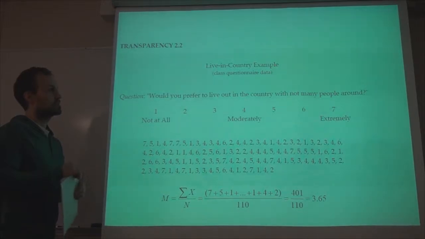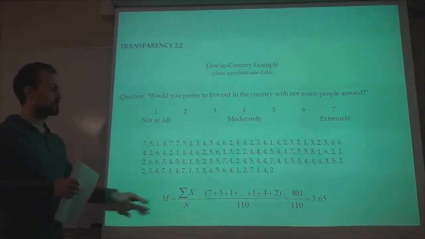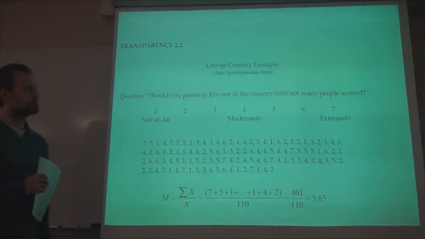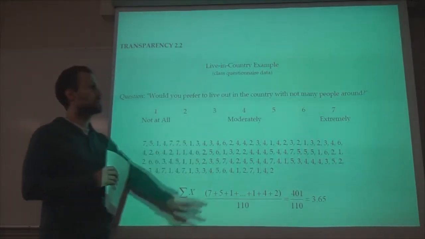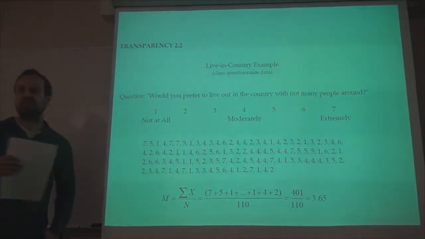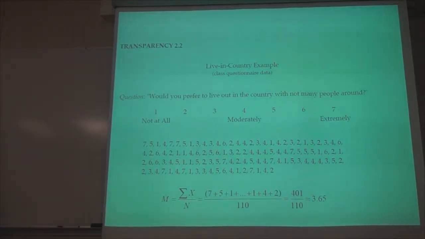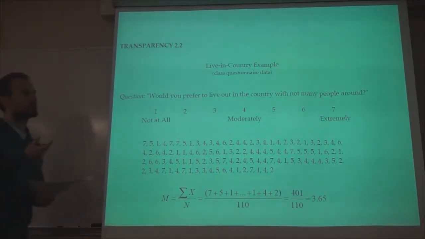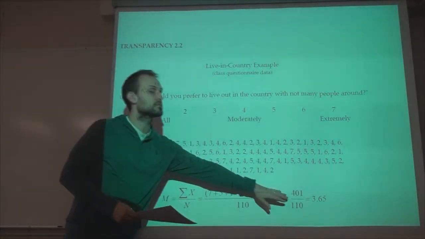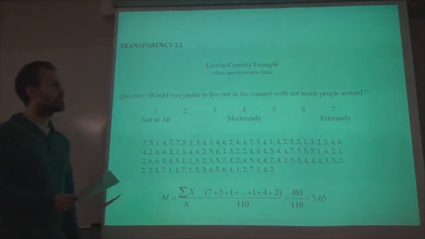The other issue that I have is if I look at the mean, 3.65, it's somewhere in the middle, it tells me what the average result is, the average score, but it doesn't tell me what I can really expect. If I surveyed another person, do I expect that person's score to be close to this average value?